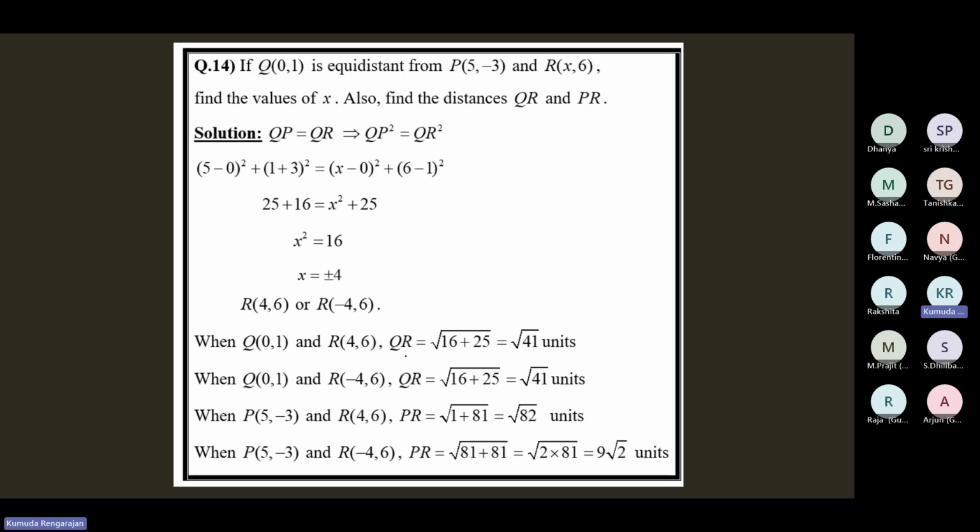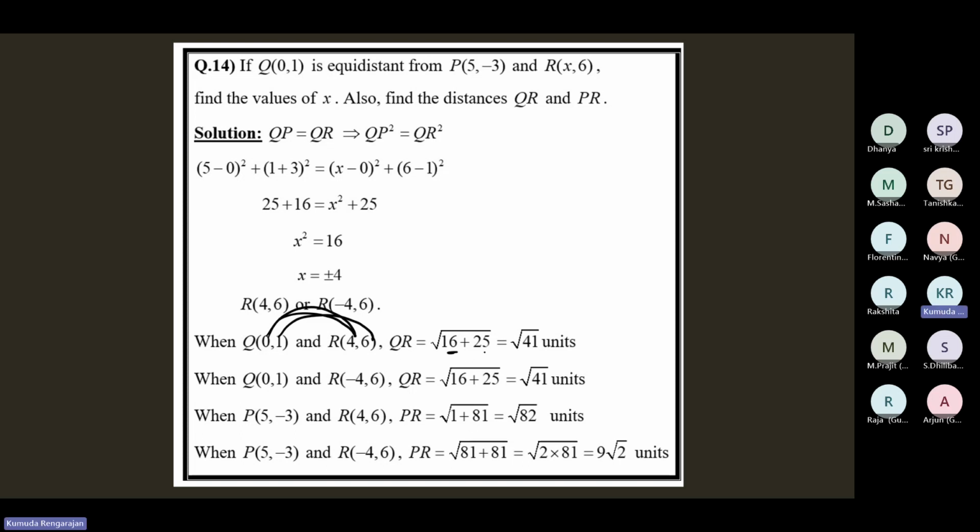So I'll just tell you one thing here. I've written 16 plus 25 straight away because you subtract the x coordinates. So 0 minus 4 is minus 4, and square it, so 16. Plus subtract the y coordinates: 1 minus 6 is minus 5, and square it, so plus 25.